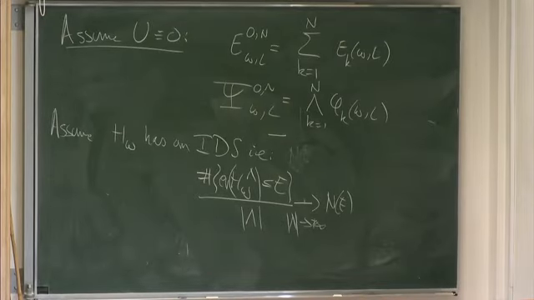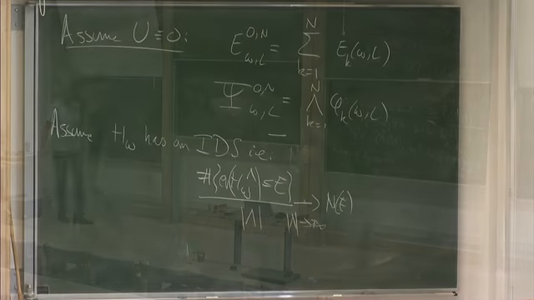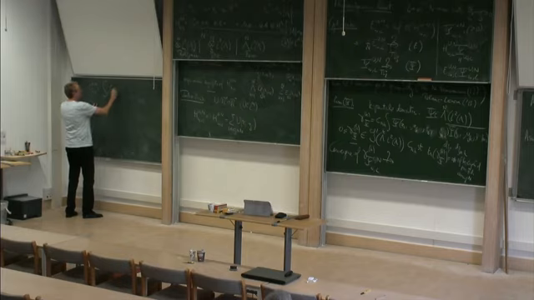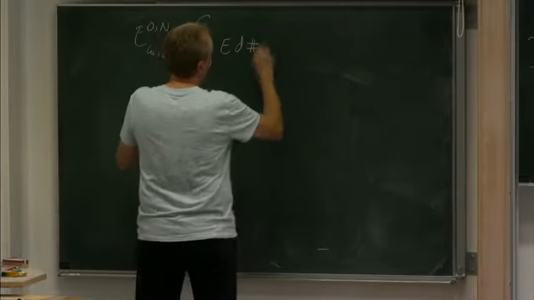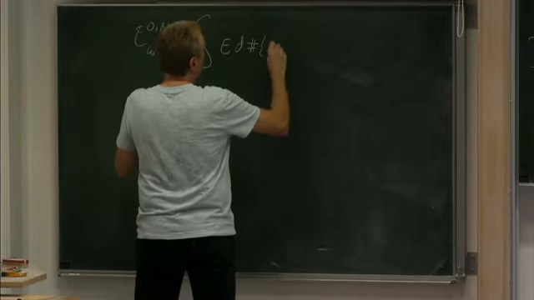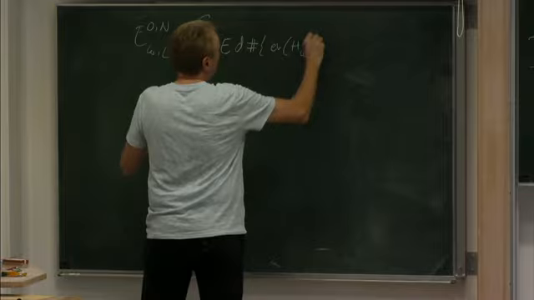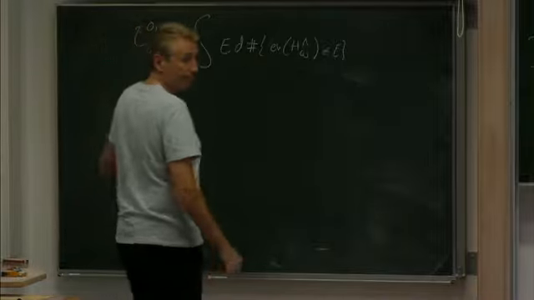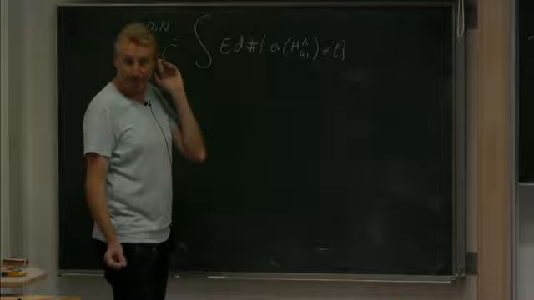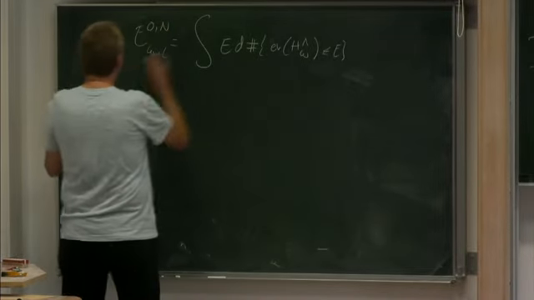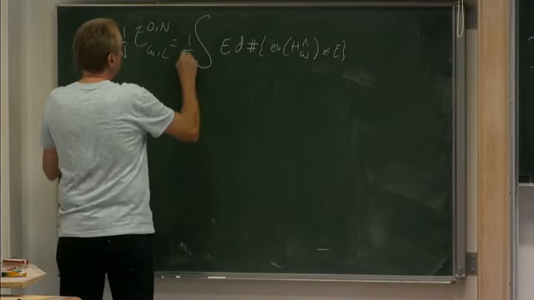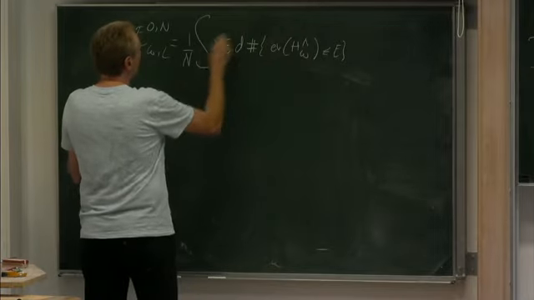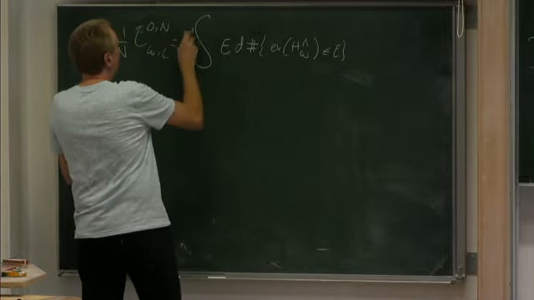In this case, what you can do is rewrite E0 n omega L as just the integral of the energy E of the counting function, the number of eigenvalues of h omega lambda less than E. So you divide this by n, and of course you can replace n by L or by the volume of lambda.